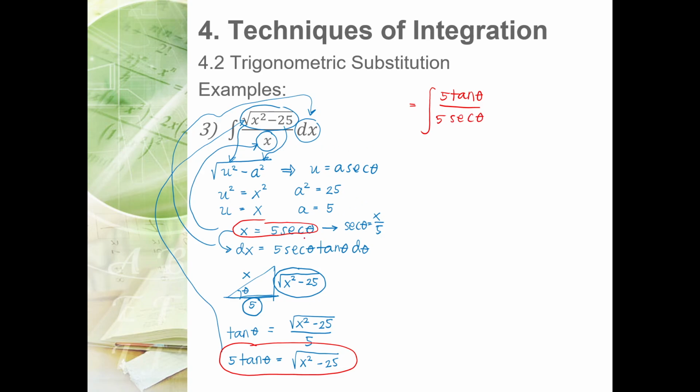And then your dx is this term here, times 5 secant theta tangent theta d theta.